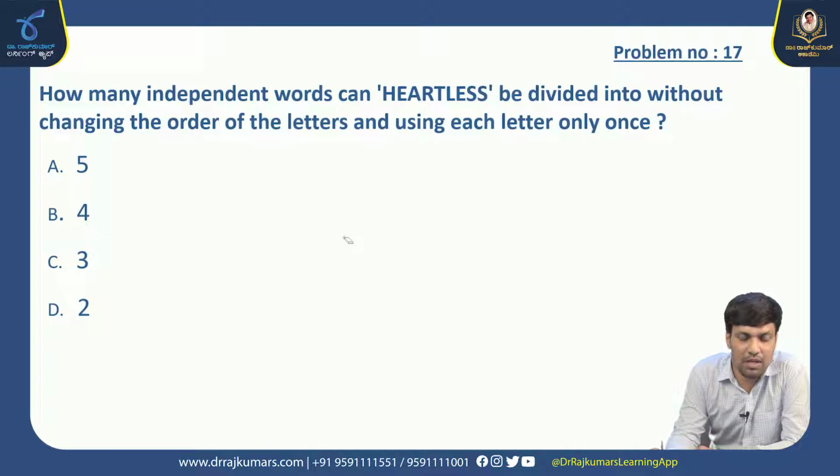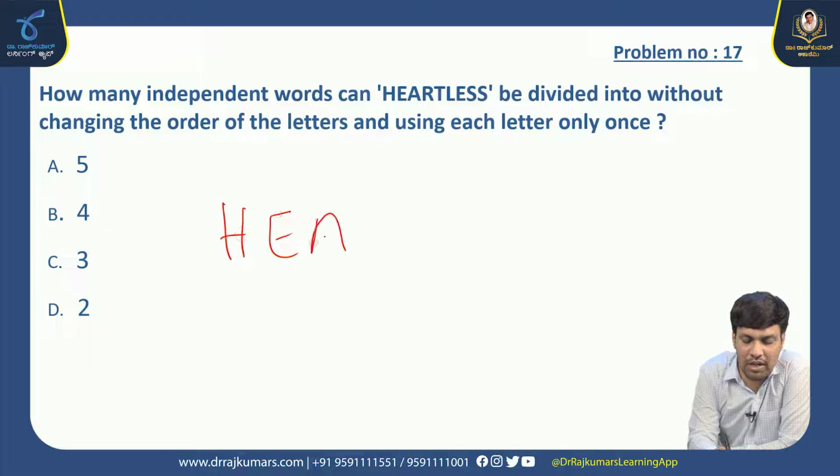Coming to our last question. How many independent words can "heartless" be divided into, without changing the order of the letters and using each letter once only in the arrangement? The options are 5, 4, 3 and 2. The condition to be performed here is that we need to break the word into certain pieces and check how many pieces give a meaningful sense.